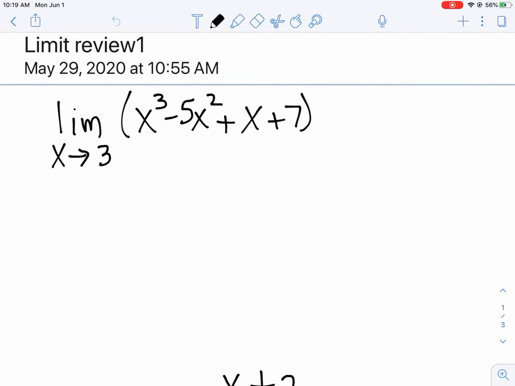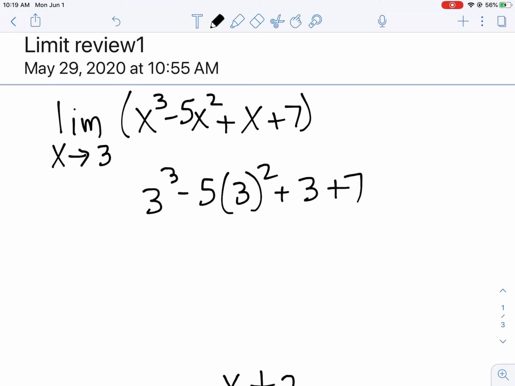All I have to do with this one is straight up plug in 3. There's no fractions, there's no zeros over zeros or ones over zeros or anything like that. So just plug it in. So 3 cubed minus 5 times 3 squared plus 3 plus 7: 27 minus 45 plus 10.